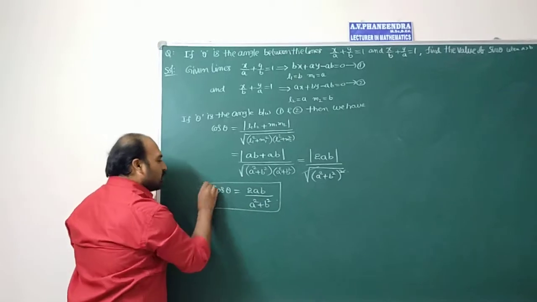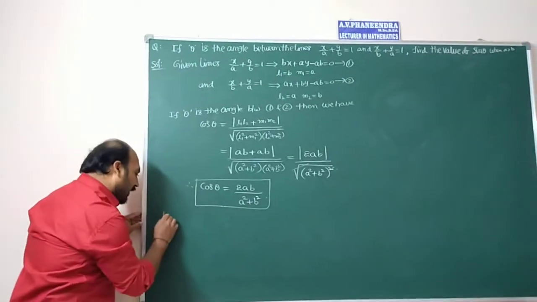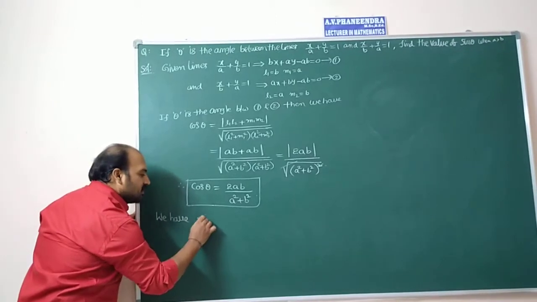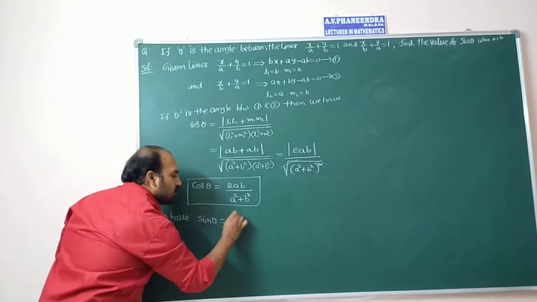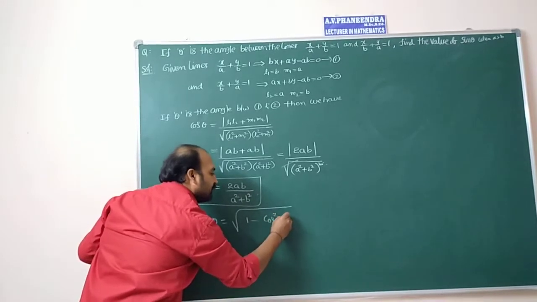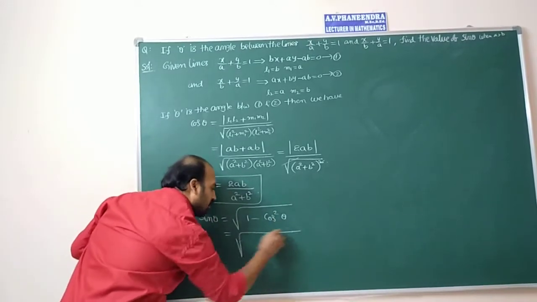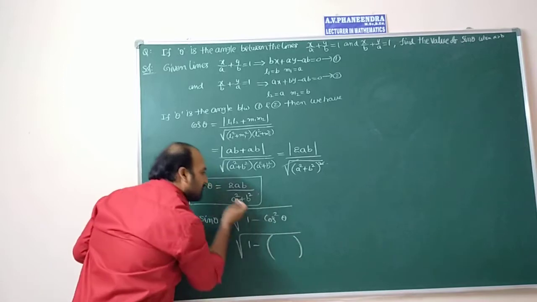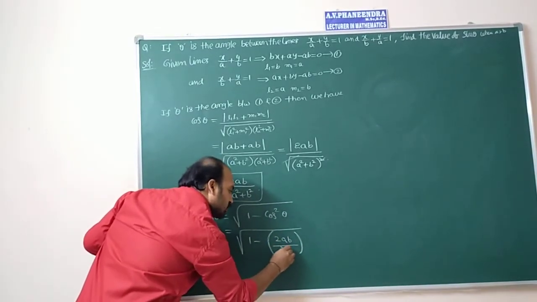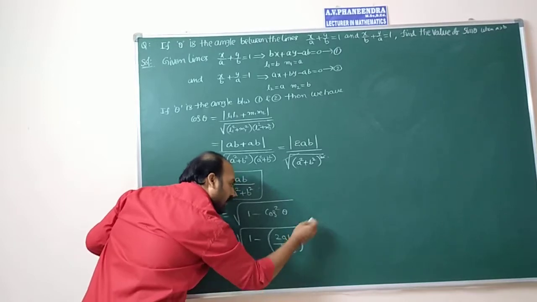After knowing the value of cos theta, we have the formula in terms of sine. So, sine theta equals under root of 1 minus cos square theta, which is equal to square root of 1 minus the square of this value, 2ab by a square plus b square, whole square.